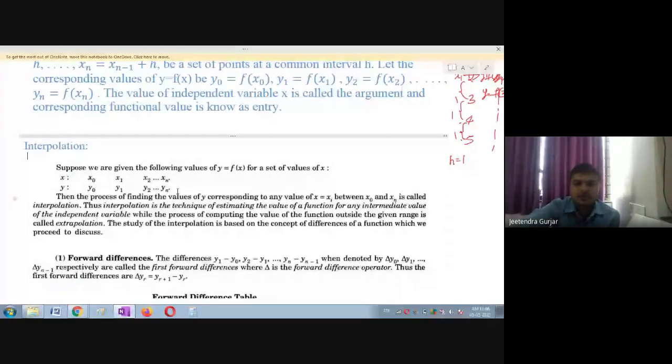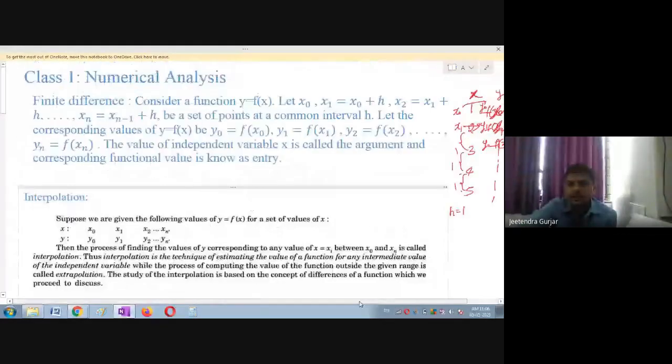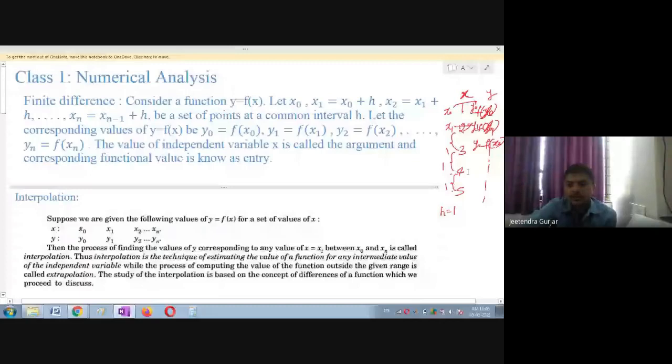interpolation. So simple. Whatever we have done here, finding these differences, 2 minus 1, 3 minus 2, 4 minus 3, and 5 minus 4, and this will continue further. First x will be given, find y, and for that again we find the difference, the common interval.